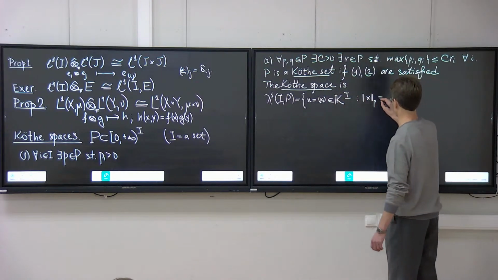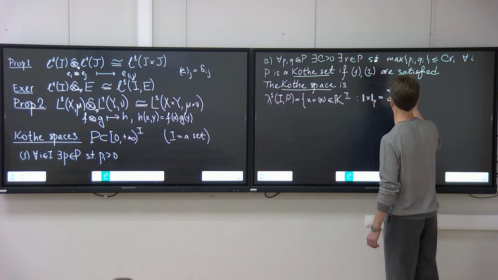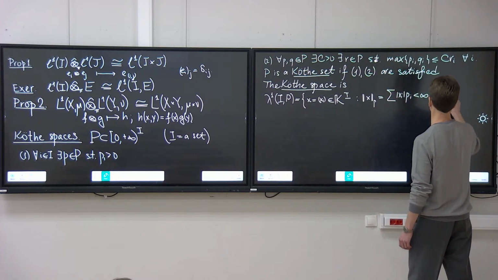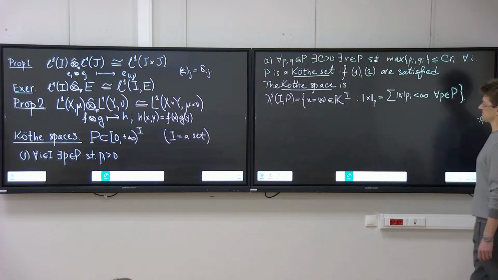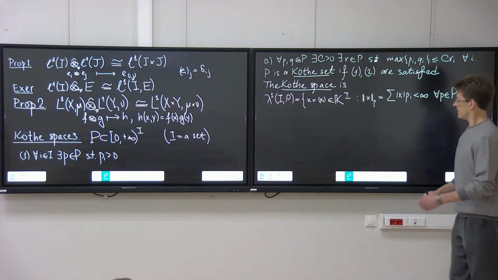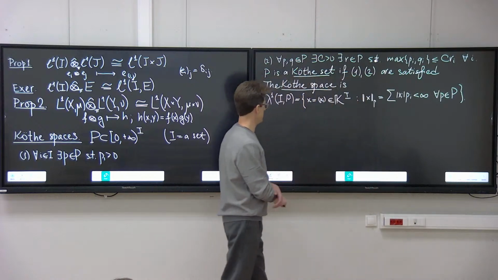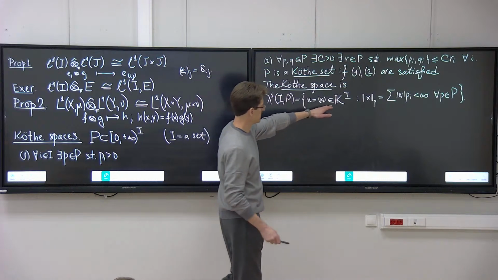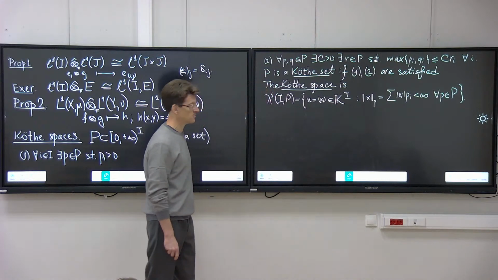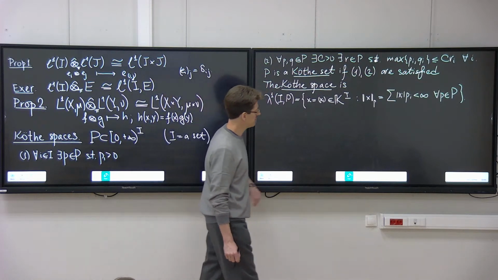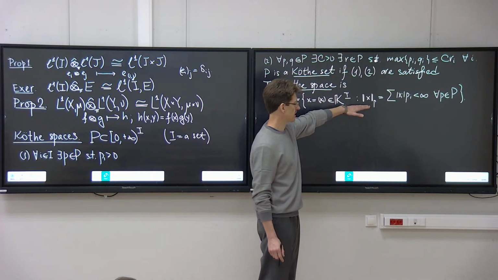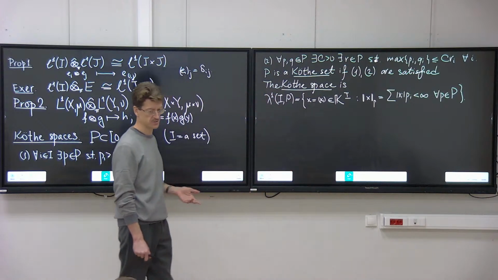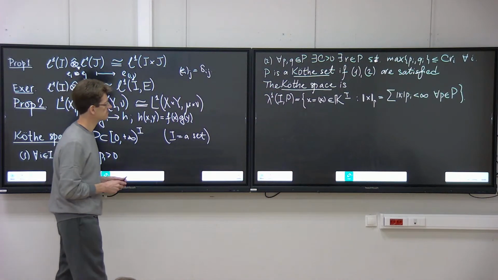So formally this means that the following sum is finite for every little p in our Köthe set. This set is seen to be a vector subspace of K to the power I, and moreover it's a complete locally convex space for the topology generated by all seminorms of this form. So the seminorms are indexed by sequences from our Köthe set.